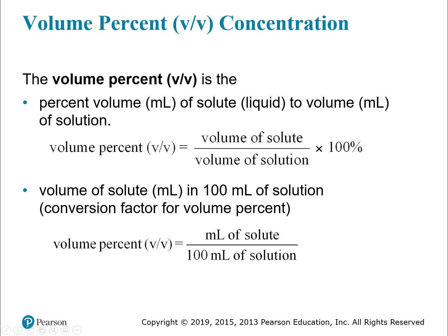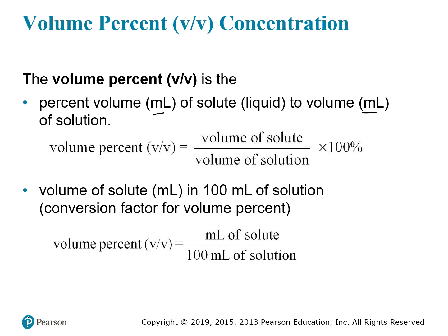Now we're going to talk about some different concentrations. Just like you can have mass percent, you can also have volume percent. Works the same way, only instead of having grams, you have volume. Oftentimes you'll see it in milliliters. So you'll have the volume of your solute over the total volume of your solution.